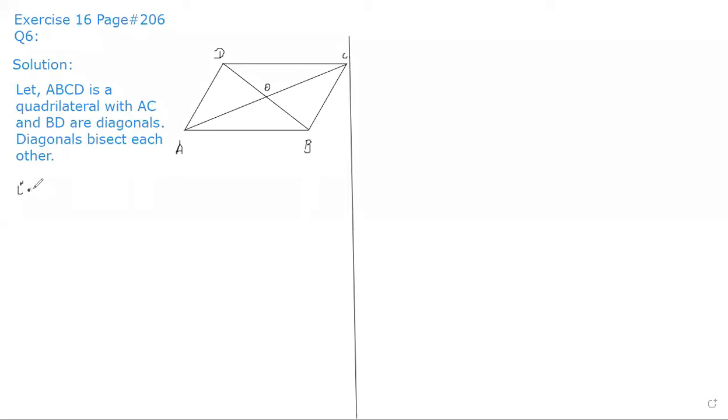Now the second thing, we can also show it mathematically. That is, OA is equal to OC. Similarly, OB is equal to OD.